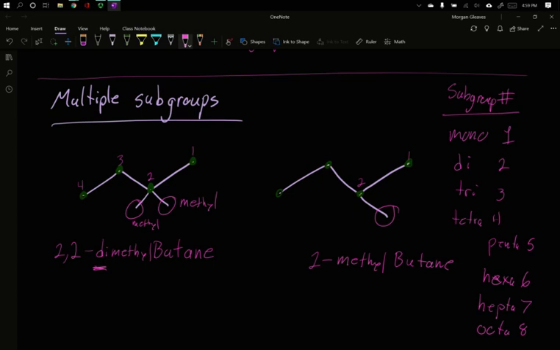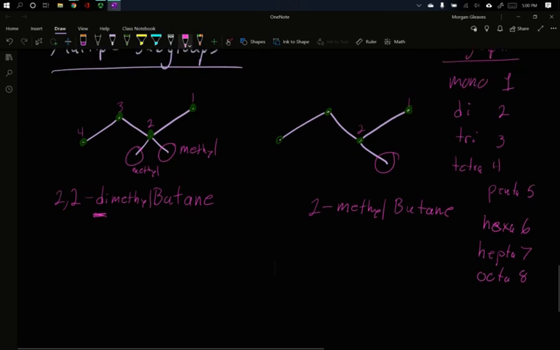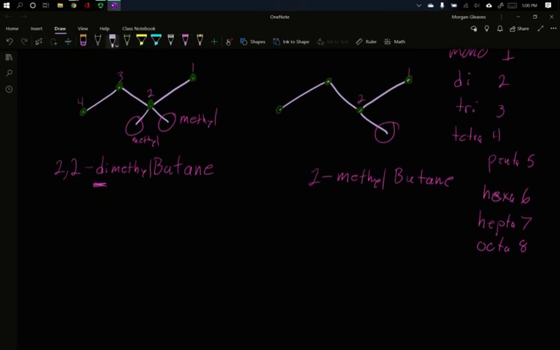When you name a molecule that has multiple subgroups, you have to tell where each of them is, and for the methyls and the ethyls and any particular subgroup, you have to tell how many total of that group are on the molecule. Differentiating example for that, let's look at this molecule.